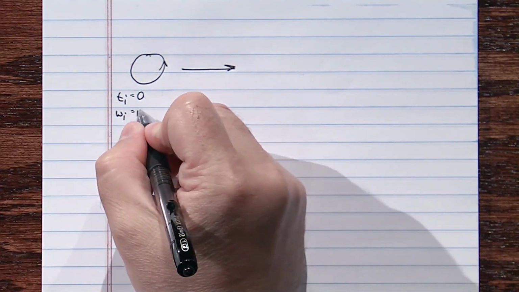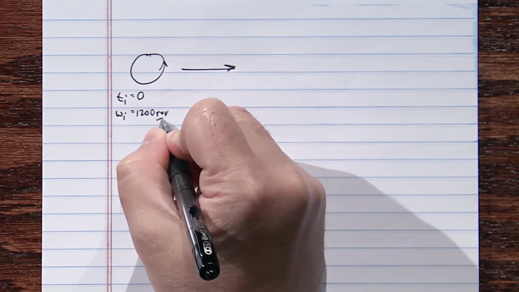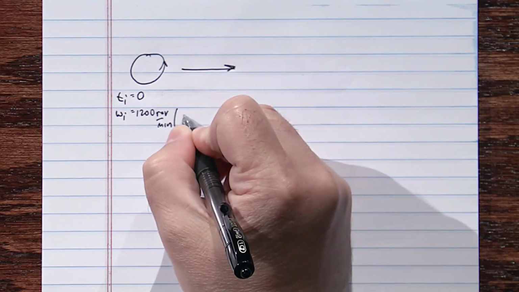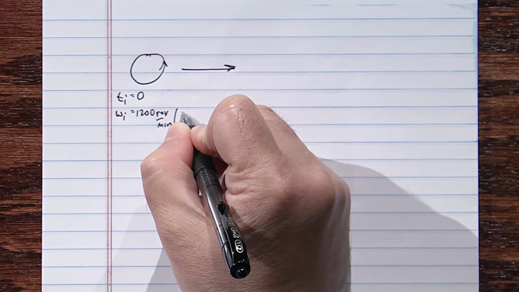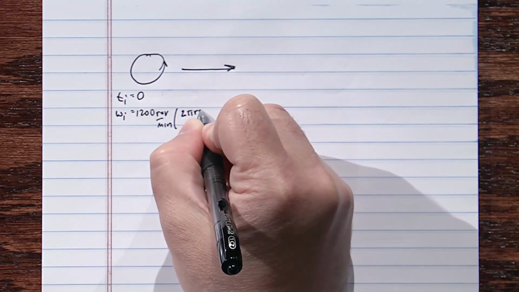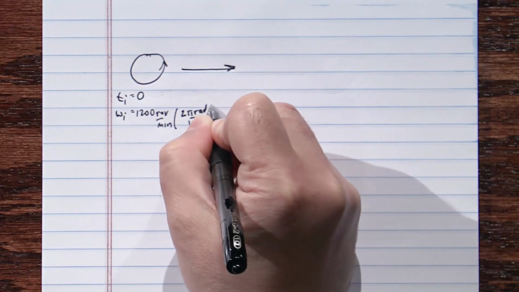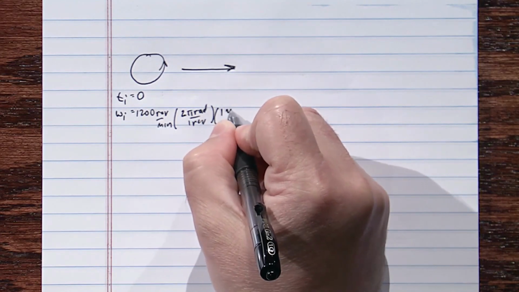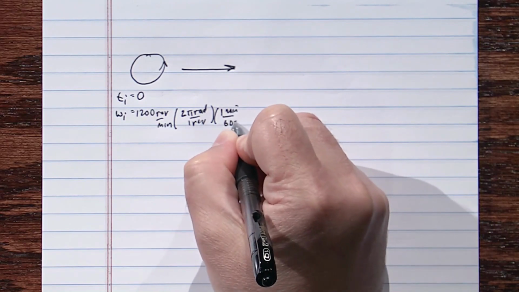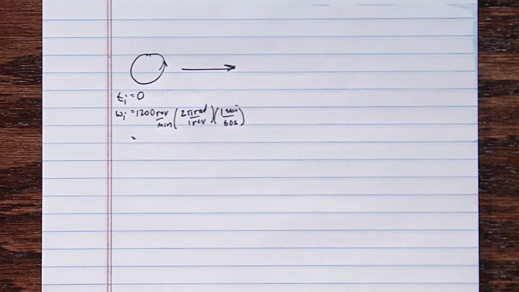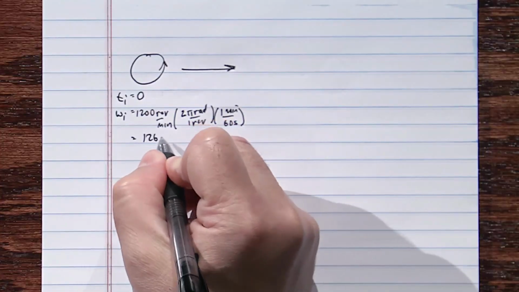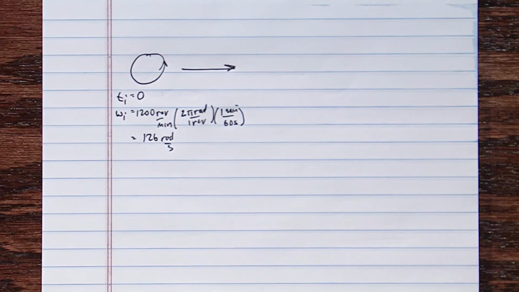Omega initial is 1200 revolutions per minute, which we will have to turn into radians per second, with 2 pi radians per 1 revolution and 1 minute per 60 seconds, equals 1200 times 2 times pi divided by 60, which is 126 radians per second.